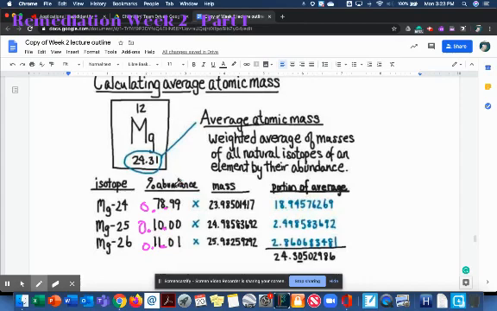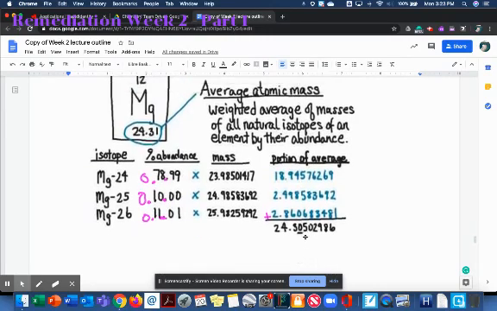So take the abundance as a percent, divide it by 100, multiply it by the mass of each isotope, get your answer, and then you have to add them all up to get your final average atomic mass. There's no dividing by 3 or anything like that. Abundance as a decimal times the mass of each isotope, get an answer, add all of those results together to get your average atomic mass.